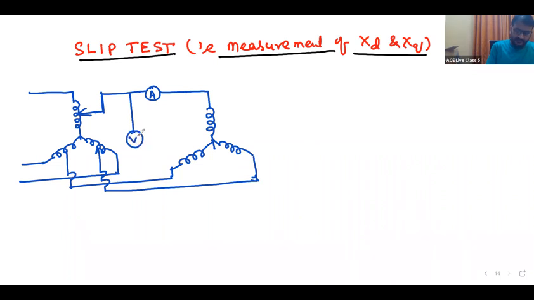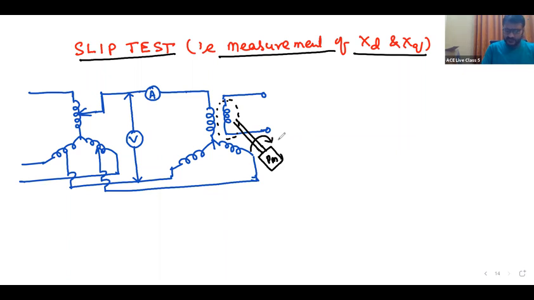A voltmeter. The field winding is open circuited, and the rotor will be driven at less than synchronous speed by the prime mover.